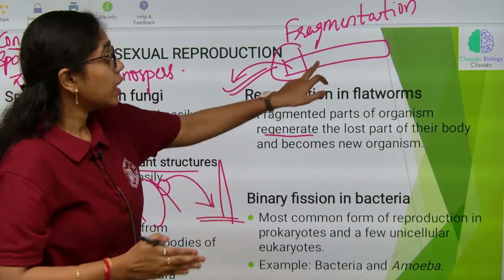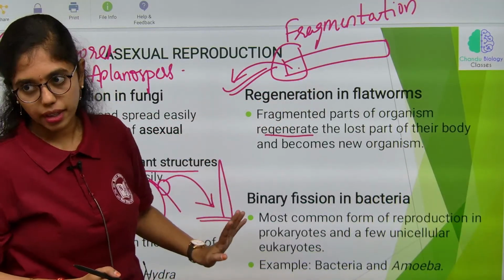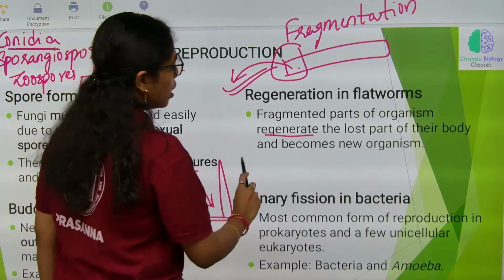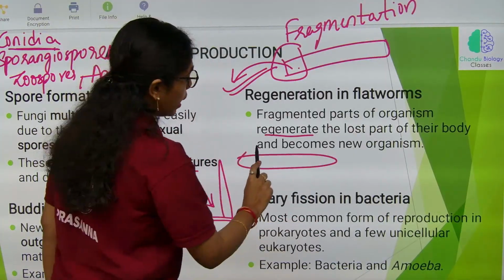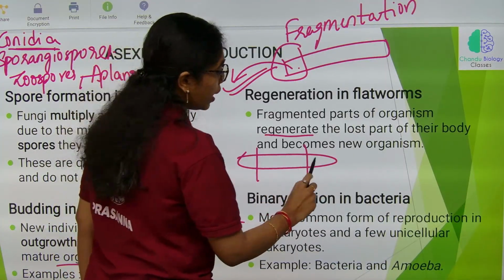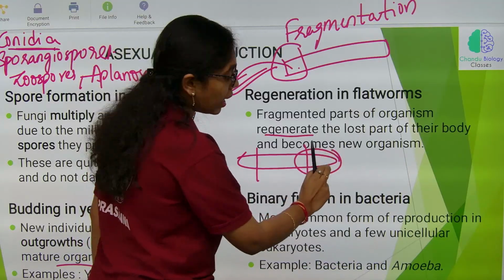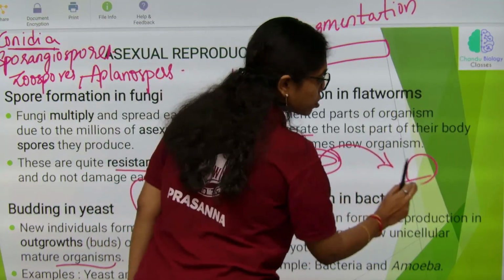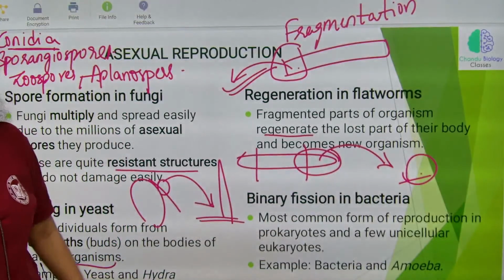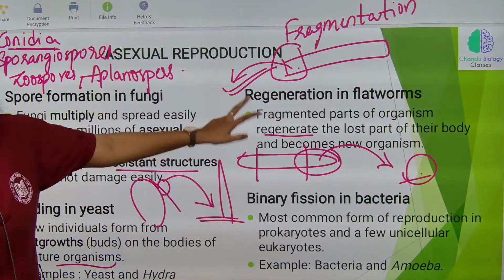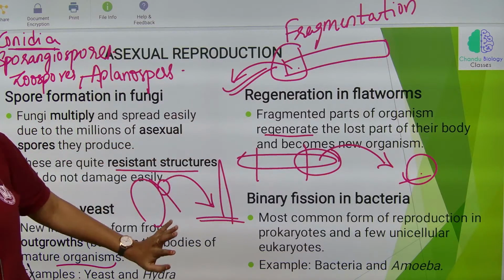But the lost part is not regenerated, whereas in regeneration, when any part of the parental body is lost, this part will be regenerated and the fragment also will give rise to a new individual. That is the basic difference between fragmentation and regeneration.